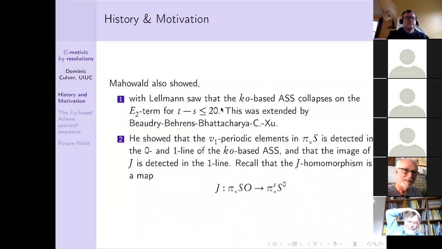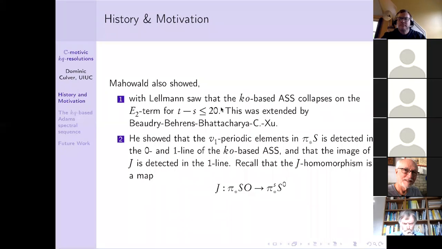Okay, so another thing that he did, at least with Wolfgang Wellman, is he showed that you can also compute with this spectral sequence. Those two were able to calculate the E2 term for the KO-based Adams spectral sequence, at least in a range, and they saw that in the range t minus s less than or equal to 20, the KO-based Adams spectral sequence actually collapses at the E2 term.